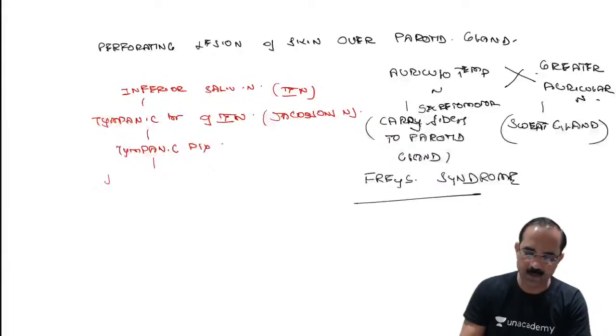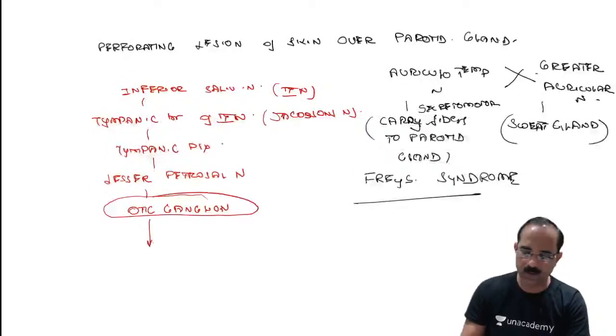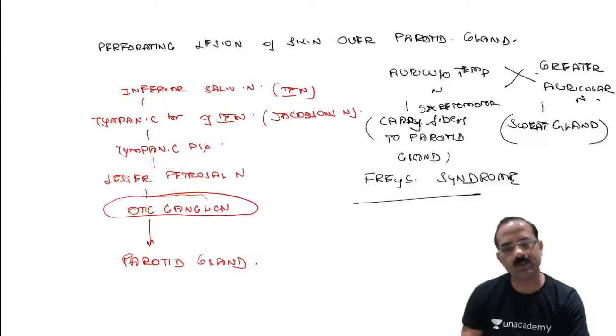From the tympanic plexus we get the lesser petrosal nerve. The lesser petrosal nerve relays in the otic ganglion, and the fibers will go to supply the parotid gland.